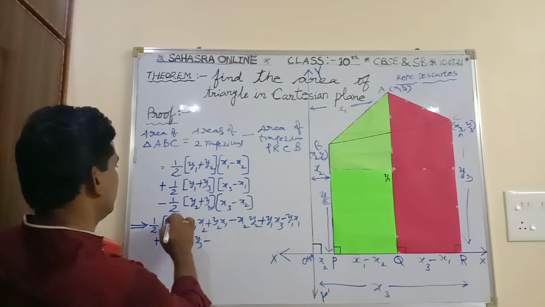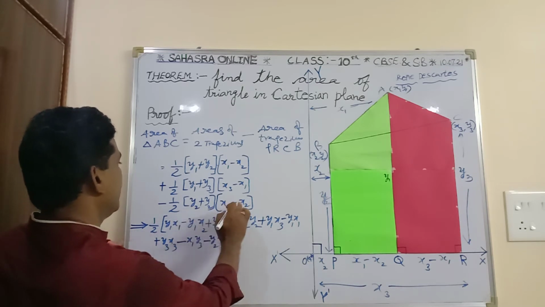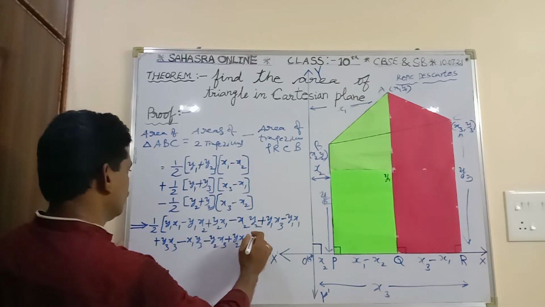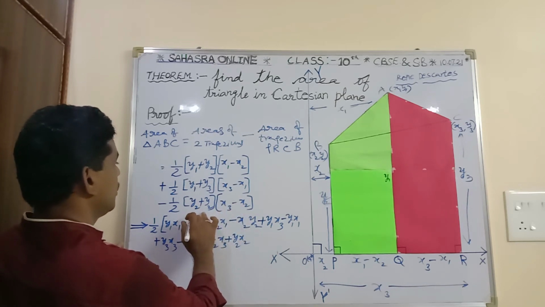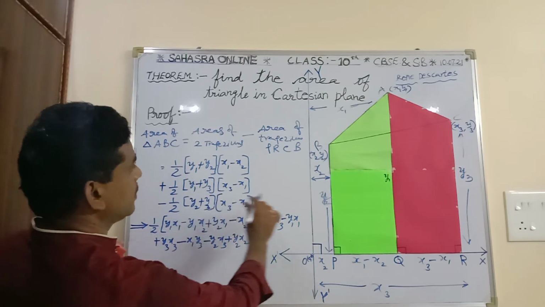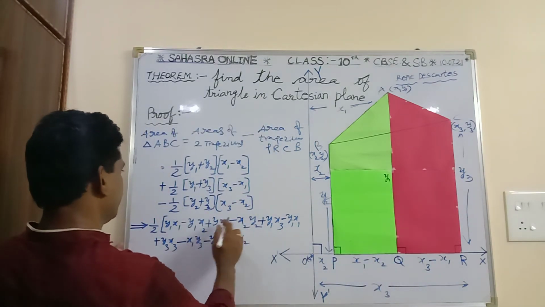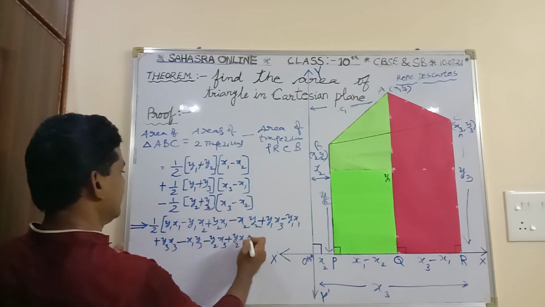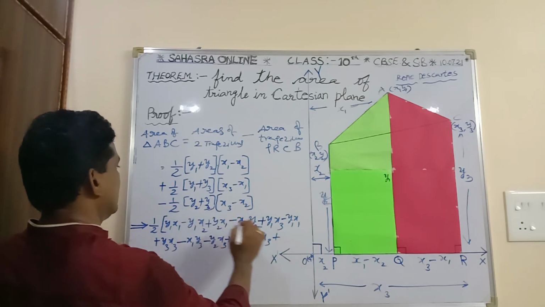So minus, already half taken as common, y2 x3 multiplied by minus also, minus minus plus y2 x2. Now this is y2 plus y3. Yes, see here, y1 plus y2 plus y3. Yes, y2 into x3, y2 into x2. Now minus is there, y3 x3 minus y3 x3. So minus of minus plus x2 y3.